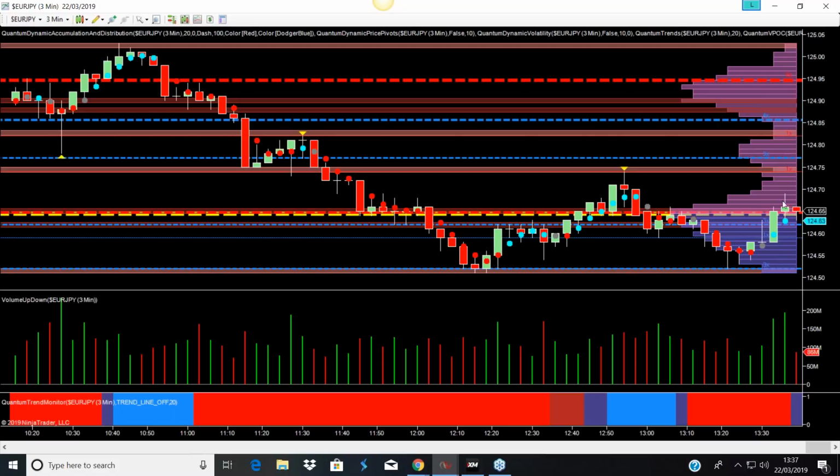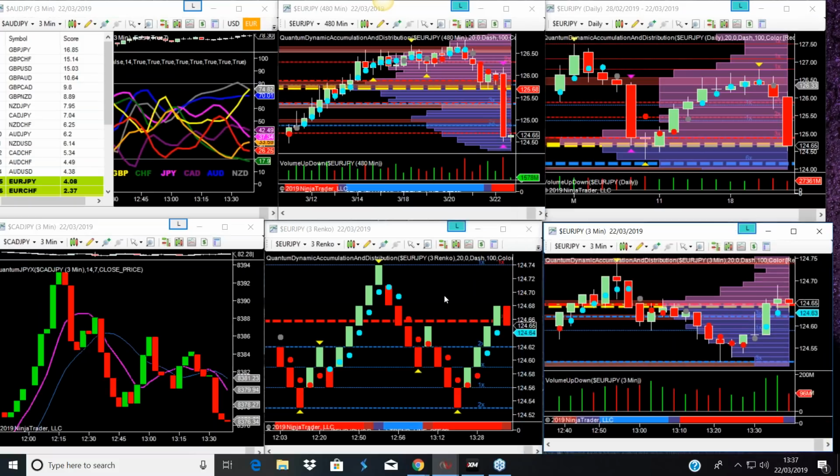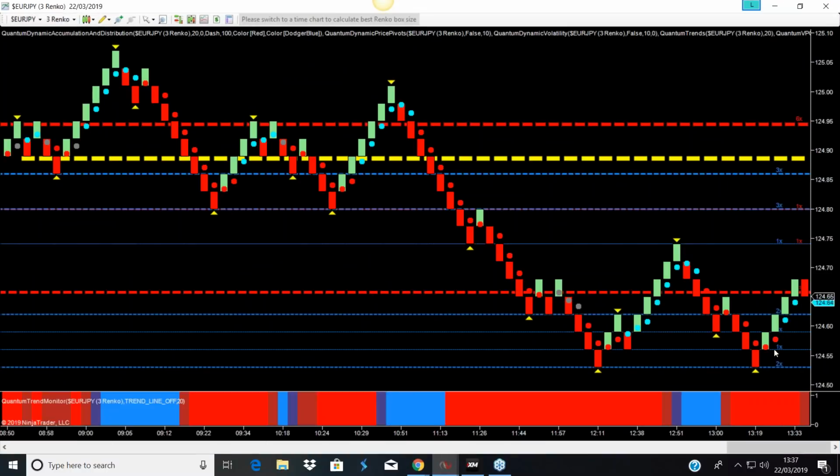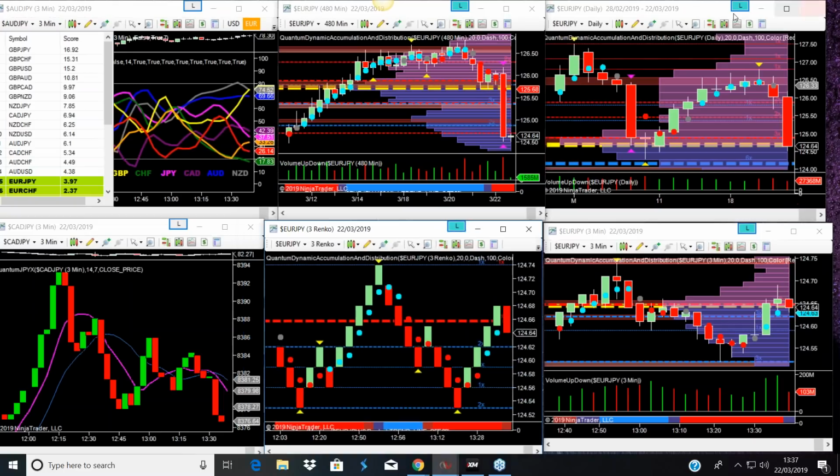You have more volume under there, but look at the candle. You've got a wick to the top and a narrow body. That's not really very encouraging. We don't really want to see that. So with euro yen, you just need patience and see what happens on the Renko. Yeah, it's sort of struggling here a little bit as well. So there's no momentum in this pair at the moment.